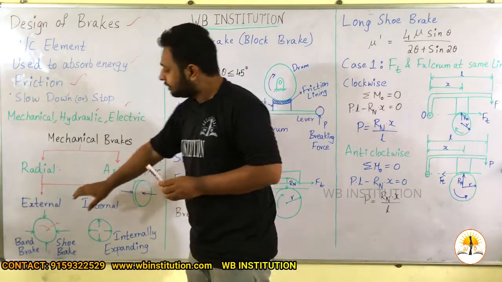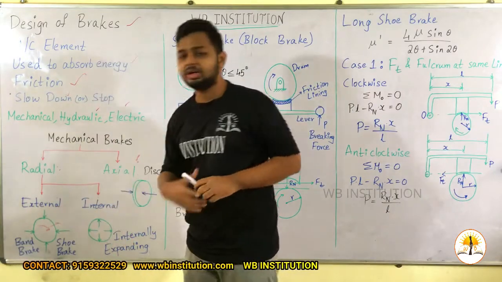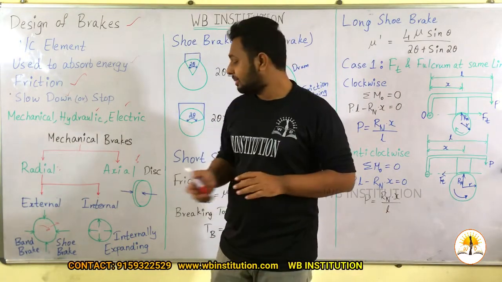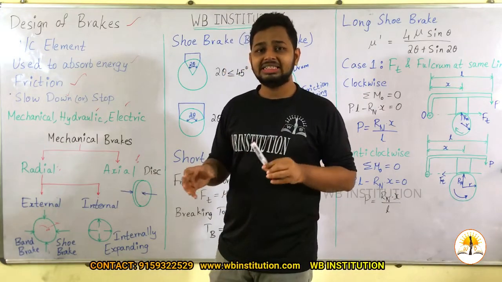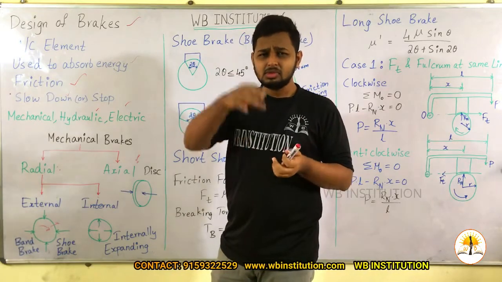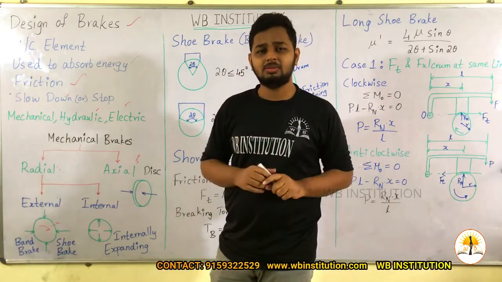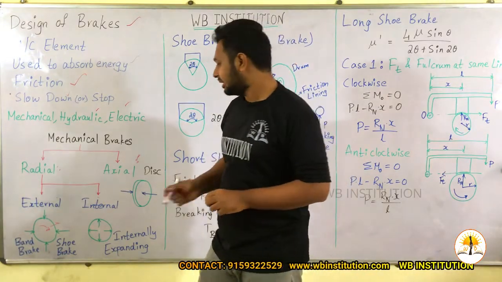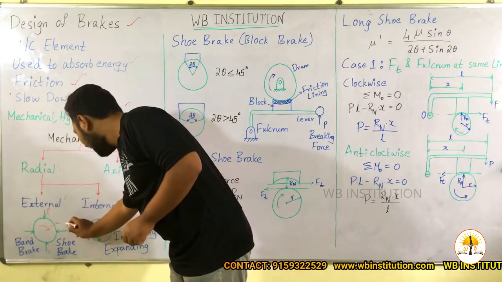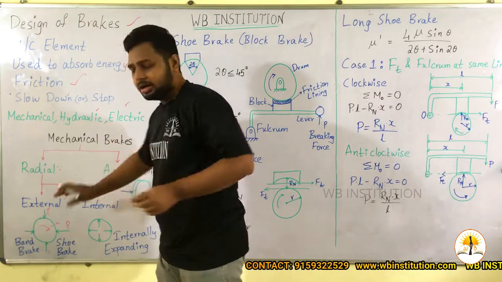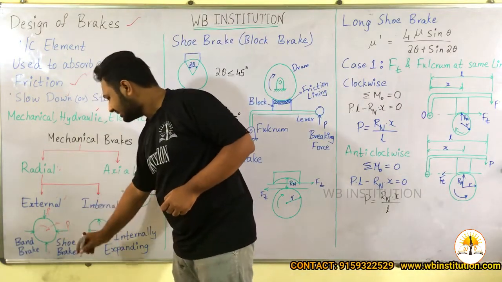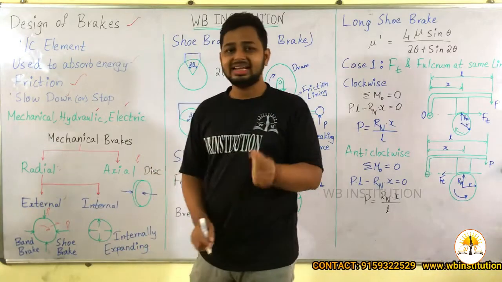In order to stop this rotating mechanism, we have to apply some force on it. If the force is acting on the circumference, that is from the outer side of the object, then we call it an external brake. Here we have shown these lines acting towards the rotating object. That is known as an external radial brake.